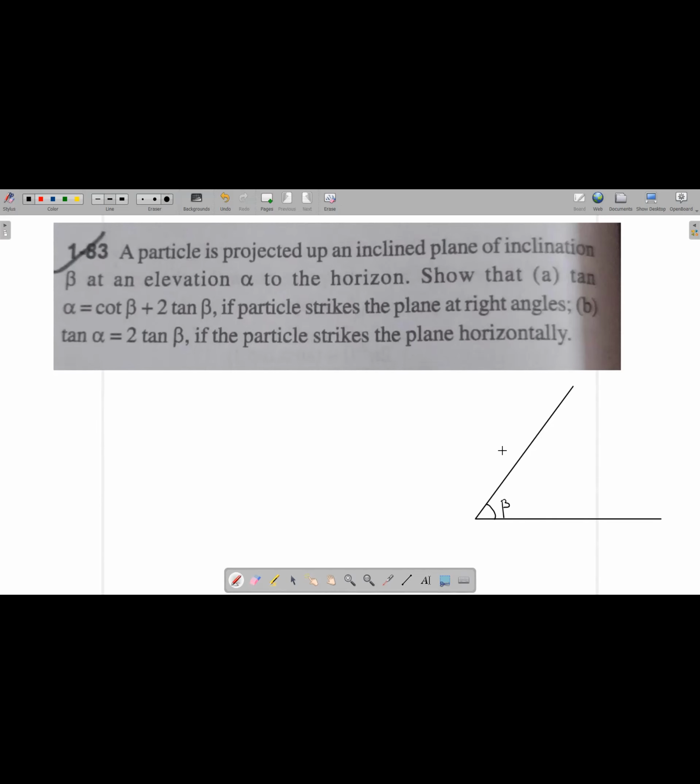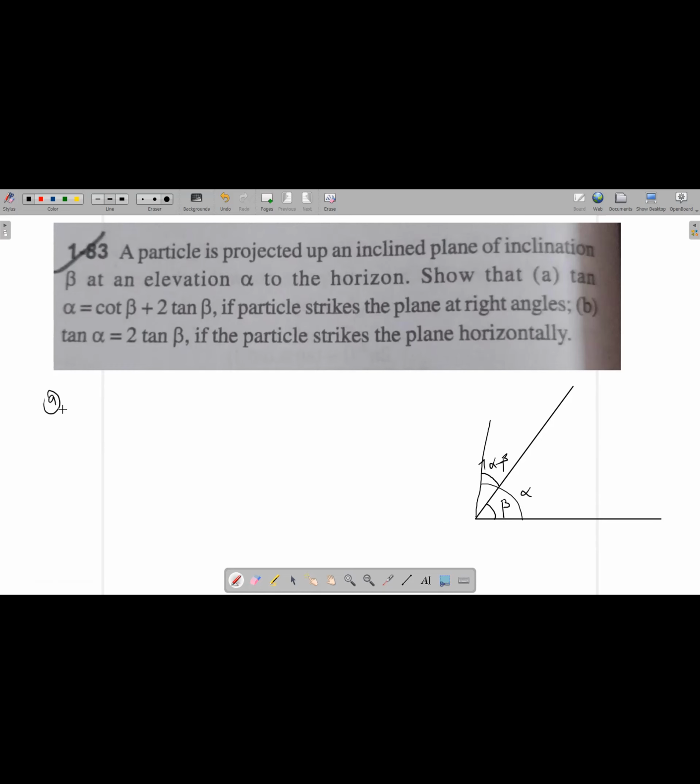So this complete angle should be alpha, right? Because the particle is projected at an elevation alpha to the horizontal, from the horizontal it will make an angle alpha. So the angle of projection from the inclined plane will be alpha minus beta. We have to prove this thing, and that the particle strikes the plane at right angle.